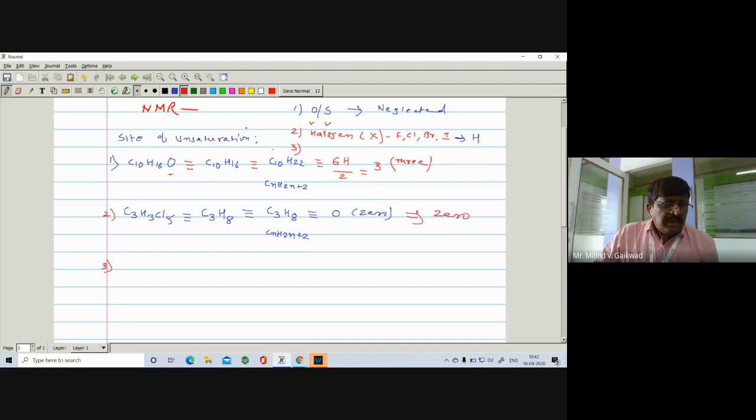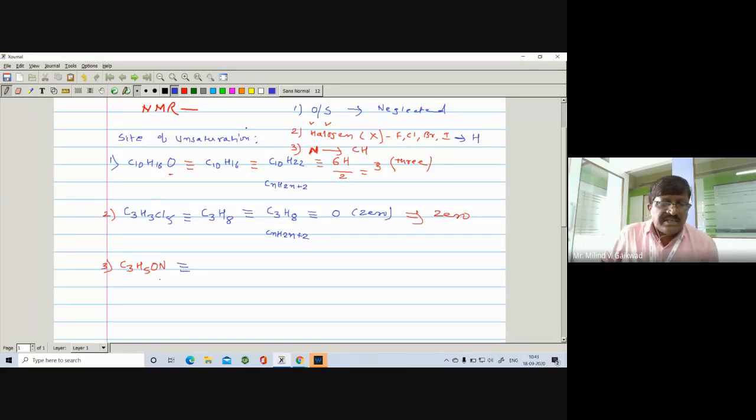Next example, suppose it contains nitrogen, then we have to replace nitrogen by CH. For example, C3H5ON.